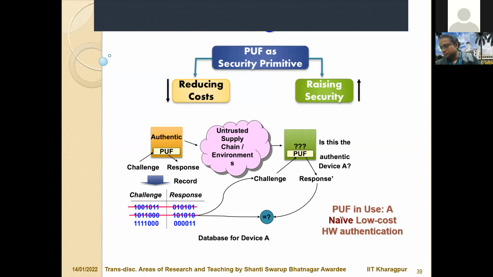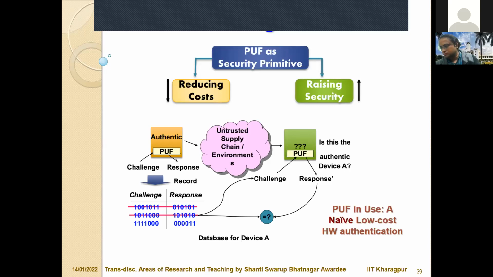Imagine that there are two devices which are communicating and one of them has the PUF; the other one cannot have a copy of the PUF because there is no clone. So what you can do is store the challenge-response, the input and the output of the PUF, in that verifying device. Once you send the challenge, you get the response. You can verify it by matching the challenge-response table, but then you cannot use that challenge-response again.